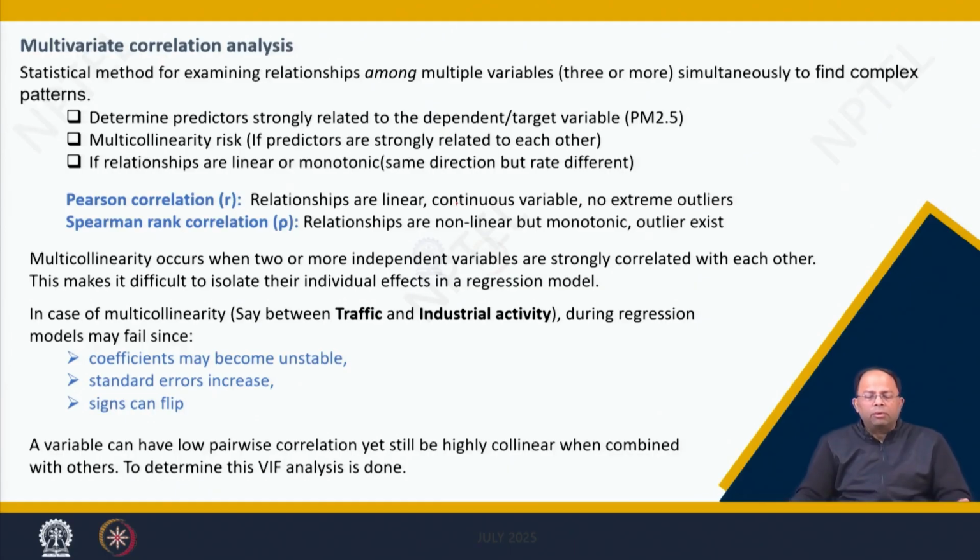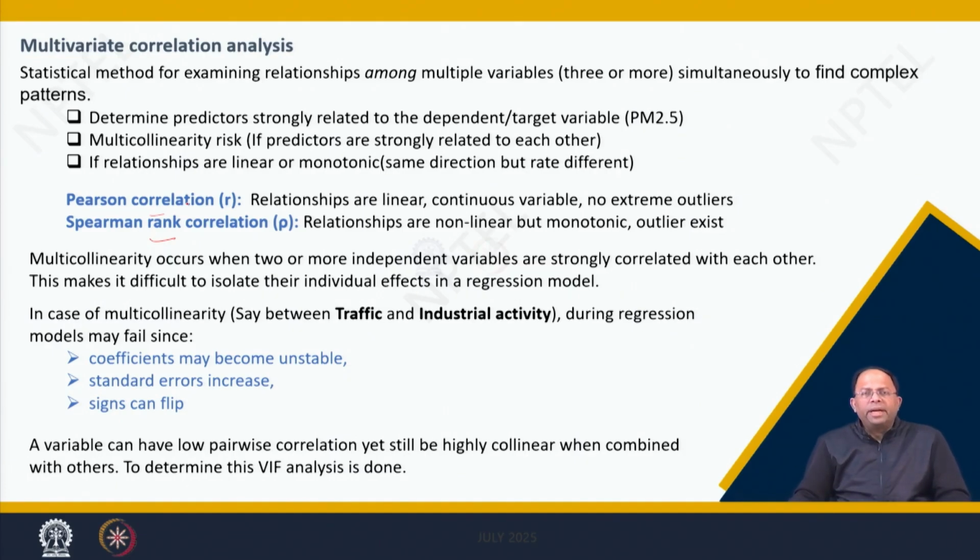Spearman rank correlation is used when relationships are non-linear but monotonic, and outliers could exist. This one works on ranks, whereas the other works on actual values, so here we determine the ranks and see how those ranks are correlated.